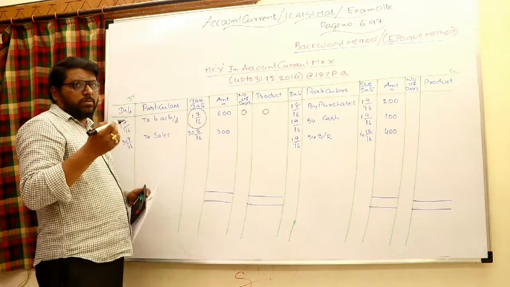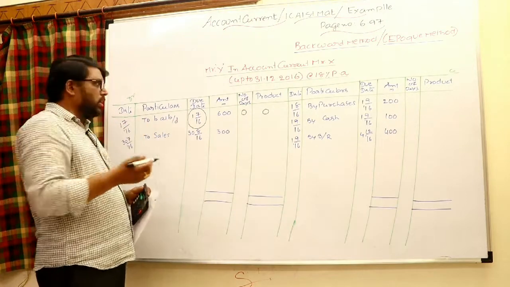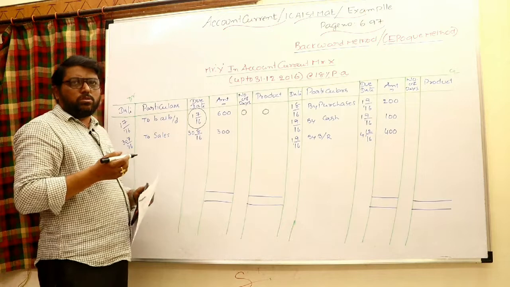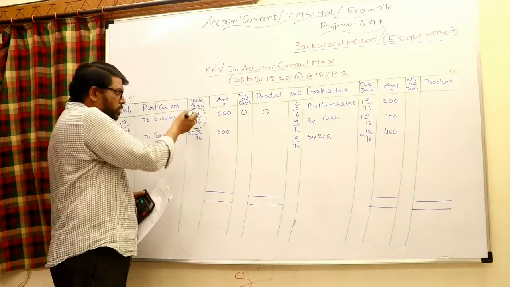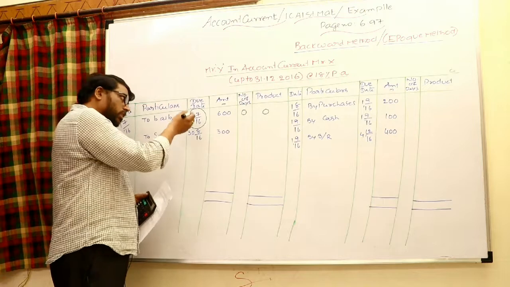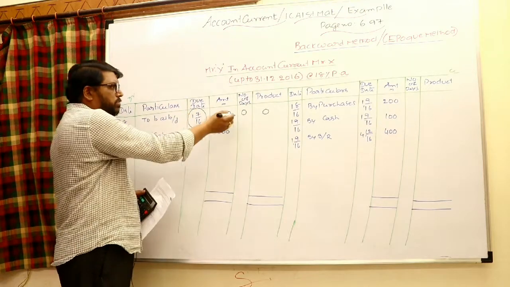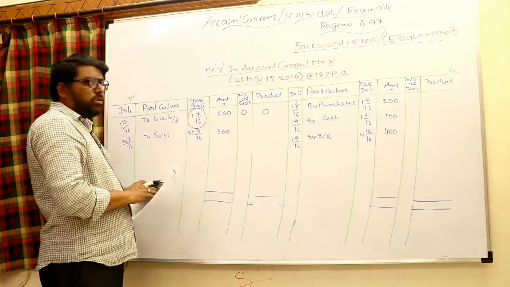For every transaction, from its due date to the opening balance due date, you have to calculate the number of days. Obviously for the opening balance, this is the due date and you calculate to this date only, so the number of days will be 0 and the product also will be 0.